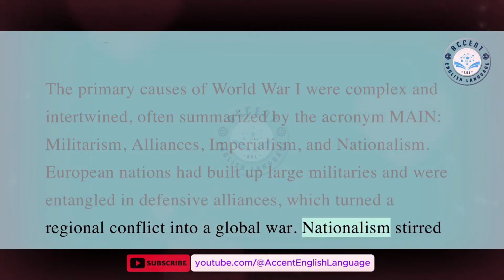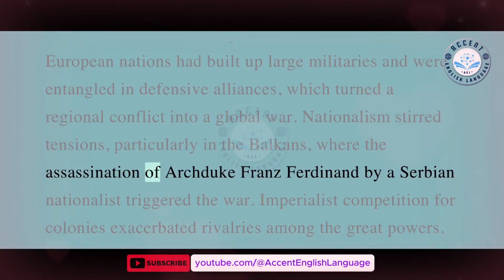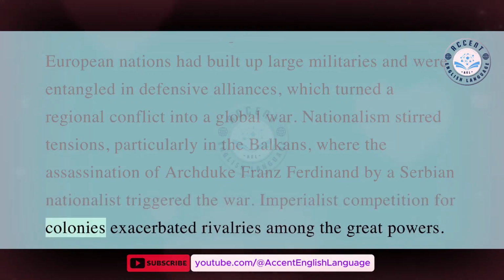Nationalism stirred tensions, particularly in the Balkans, where the assassination of Archduke Franz Ferdinand by a Serbian nationalist triggered the war. Imperialist competition for colonies exacerbated rivalries among the great powers.